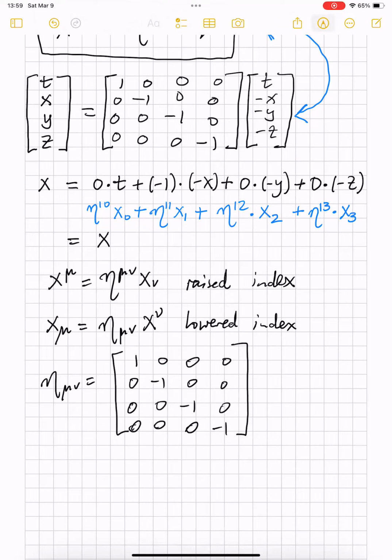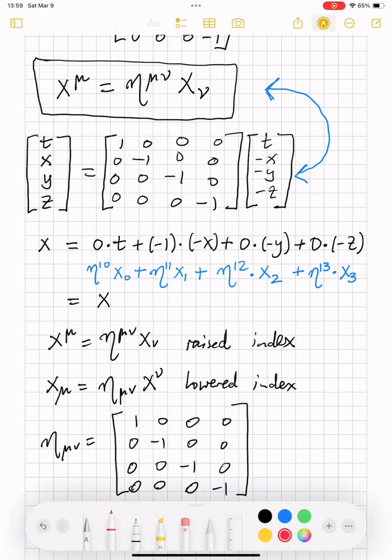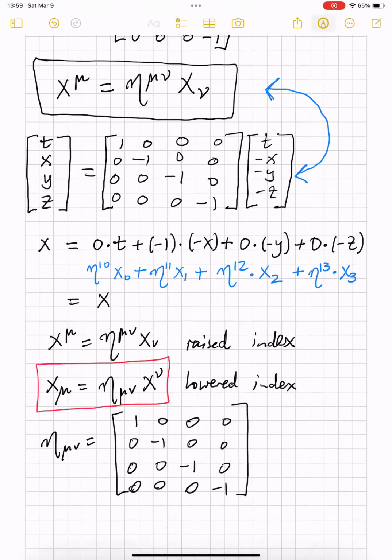And now you know all of the ingredients inside this equation. You know covariant x, you know contravariant x. So you could actually check: is this equation that I have written down here true or not? You should check that equation and see if it works out.